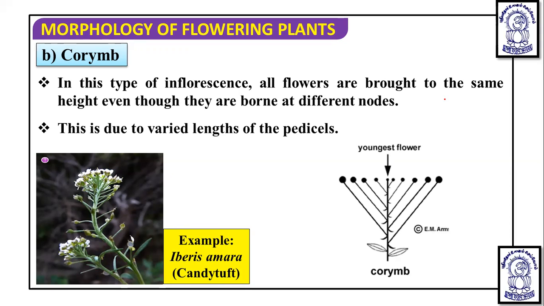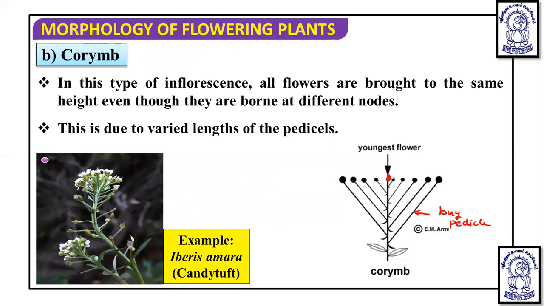Here, this is the growing point, and this is the flower, then this flower, then this flower, then this flower, in such a way they are originating. But due to the long pedicel of the lower flowers, all the flowers come to the same plane or same height, and when they come to the same height it is known as corymb.